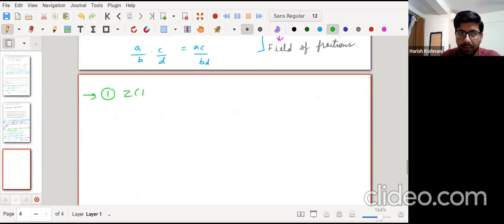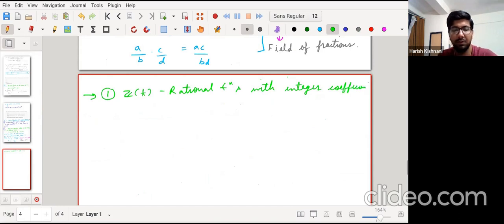The first option is Z(t), rational functions with integer coefficients. What are the rational functions?